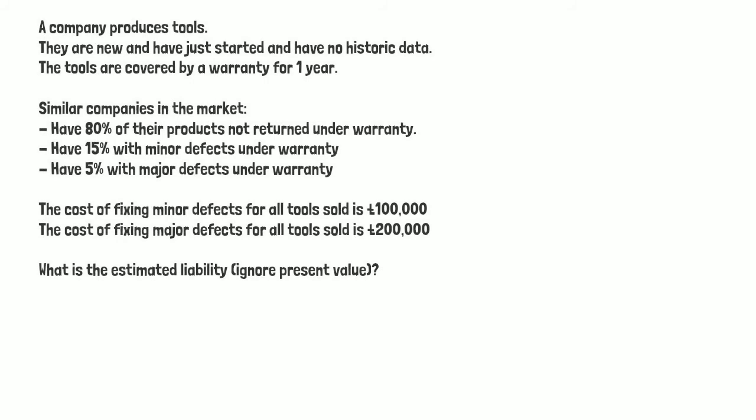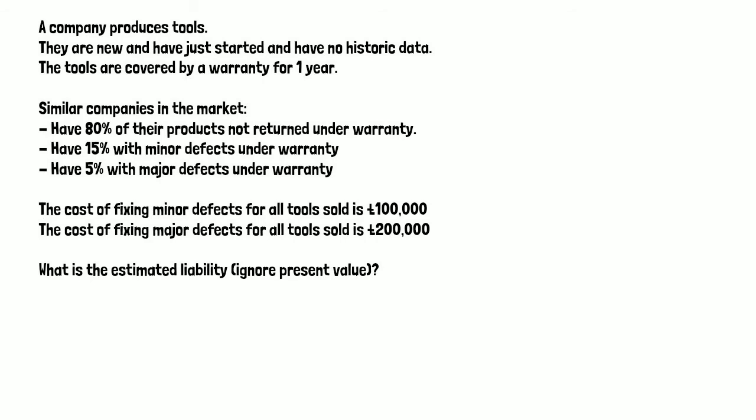A company produces tools, and the company is new and they've just started and they have no historic data. The tools themselves are covered by a warranty for 1 year. Now, for similar companies in the market, 80% of the products that they sell are not returned under warranty, they're fine. 15% are returned with minor defects under warranty, and 5% with major defects.